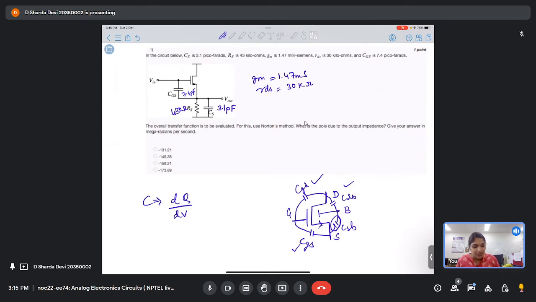So the overall transfer function is to be evaluated for this circuit, and you have to use Norton's method. What is the pole due to the output impedance? So we have to find out the value of pole. So how do we find out the value of pole?